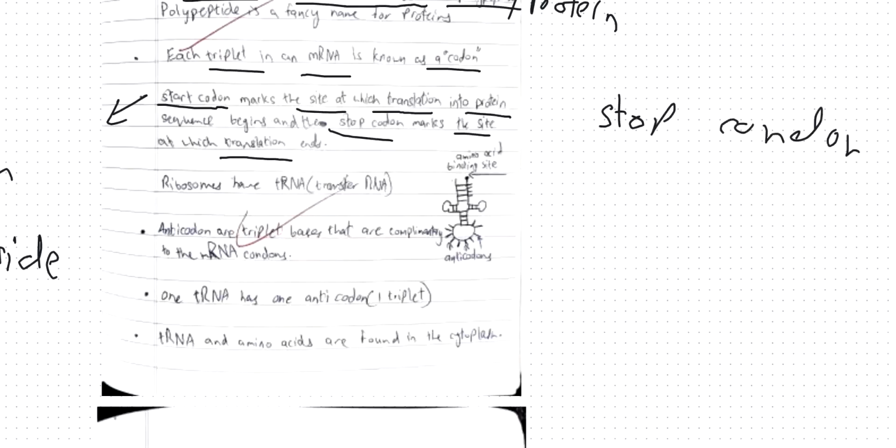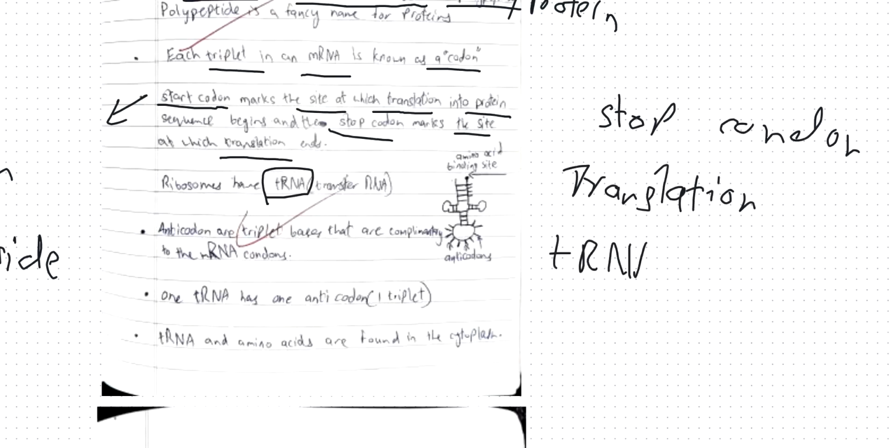And all of this happens due to something called tRNA. Remember, in translation, you have 2 types of RNA that are used, the tRNA and the mRNA. The tRNA is found in the cytoplasm.